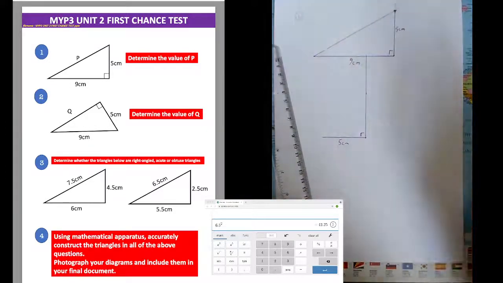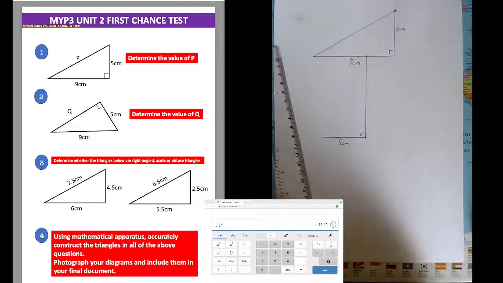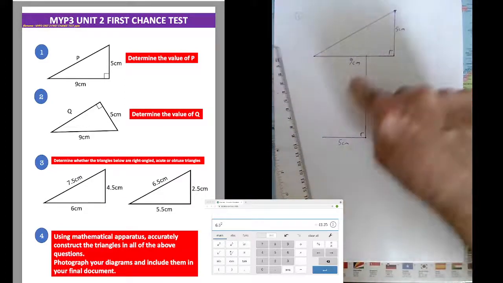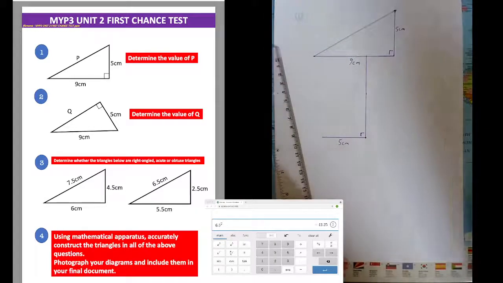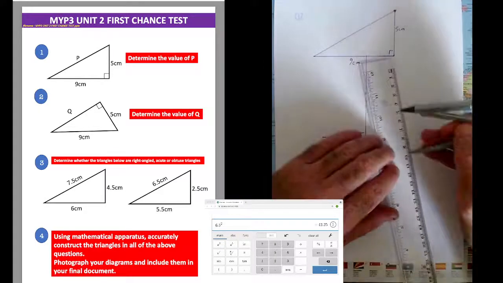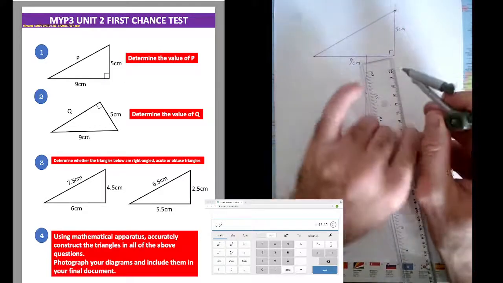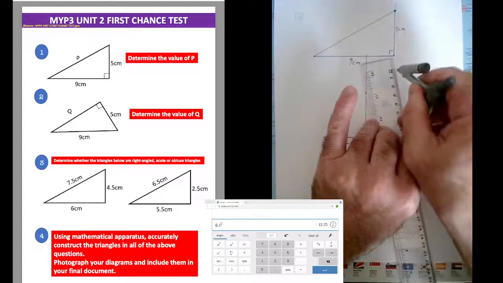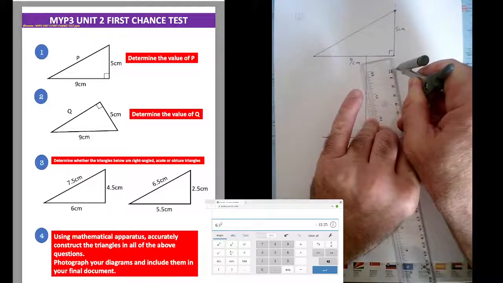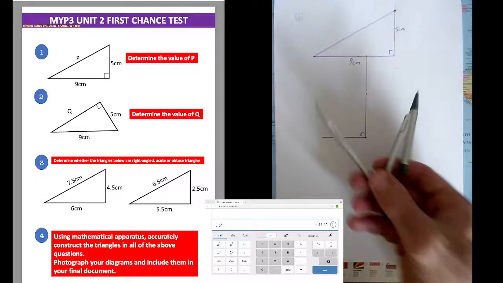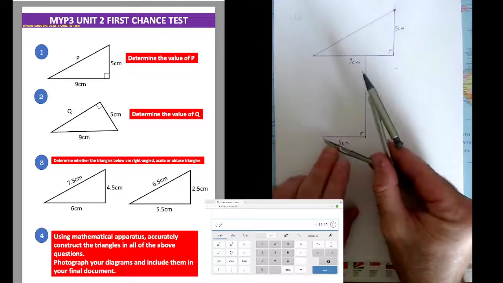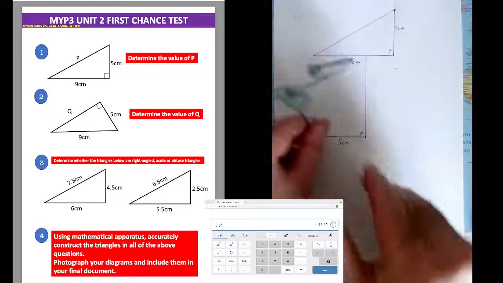But the trouble is I don't know how far it has to go, because the 9 centimeters is the long side there. But what I can do is get my compass at 9 centimeters. It will just about stretch to that. So that's at 9 centimeters now. And I'll put the compass point in the end there.